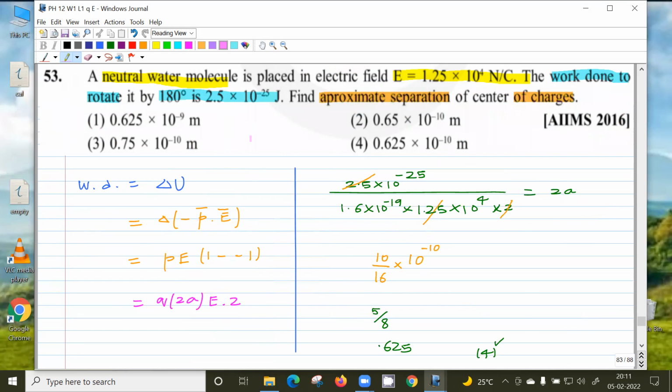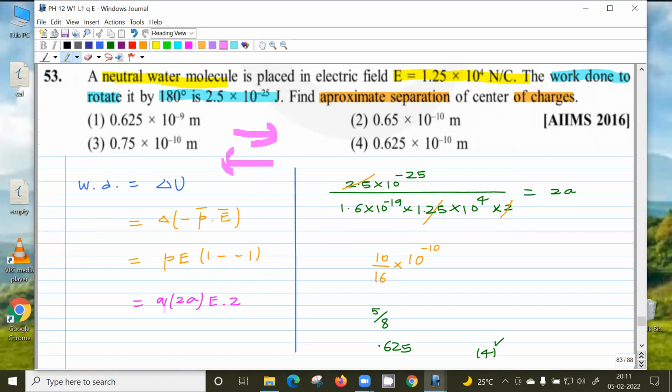So I'm taking rotating by 180 degrees. So initially let it be at 0 degrees, and after I'm rotating by 180, it will become like this. So one time it will be cos 0, another time it will be cos 180. So I will subtract them. So 1 minus minus 1, so it will be 2.